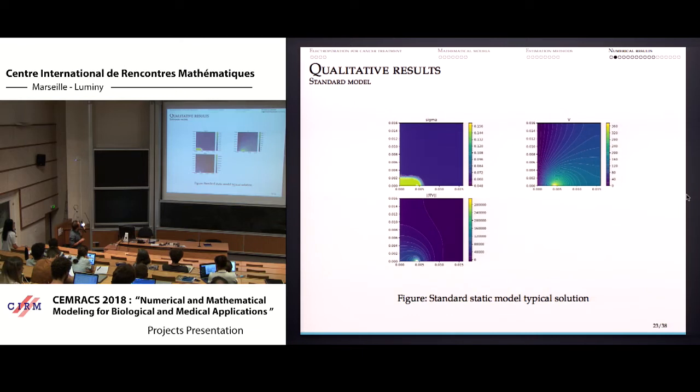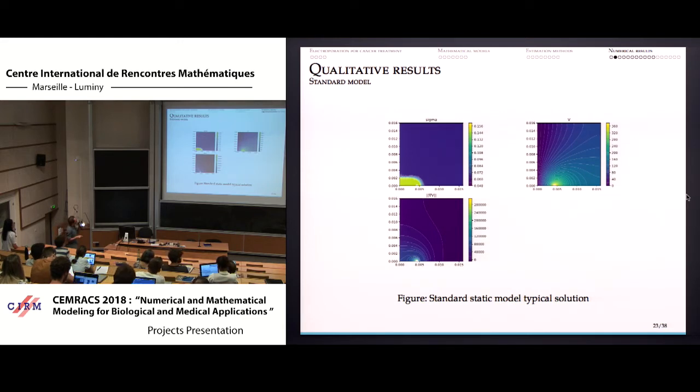So you see that you have a nice electroporated area, which goes like this around the electrodes. It's nice and precise. Here is what the electric potential looks like. And here is the norm of the electric field, where you can check that the contour lines here match the contour lines here, which is expected.